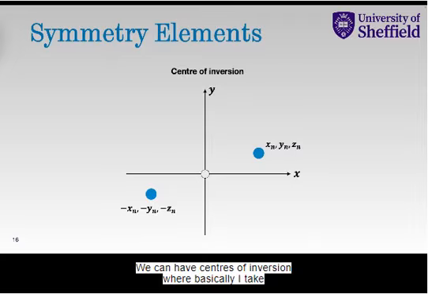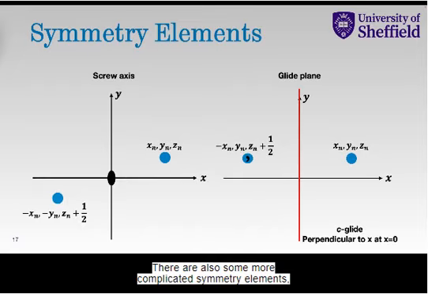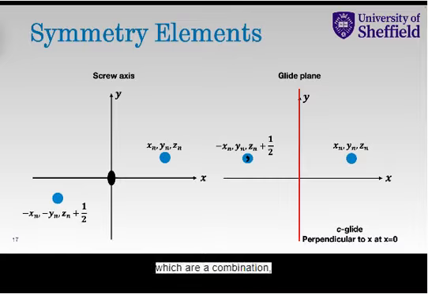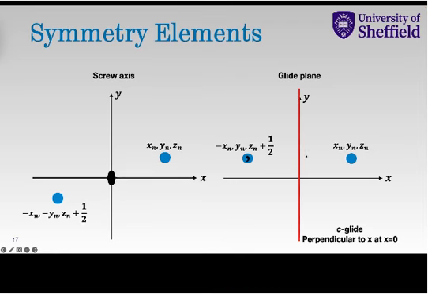We can have centers of inversion, where basically I take an object and pull it through the center of inversion and go out the other side. There are also some more complicated symmetry elements, things called screw axes and glide planes, which are a combination of a rotation with a translation in the case of a screw axis, or in the case of a glide plane, a reflection with a translation as well. These are so-called compound symmetry axes that I have here.